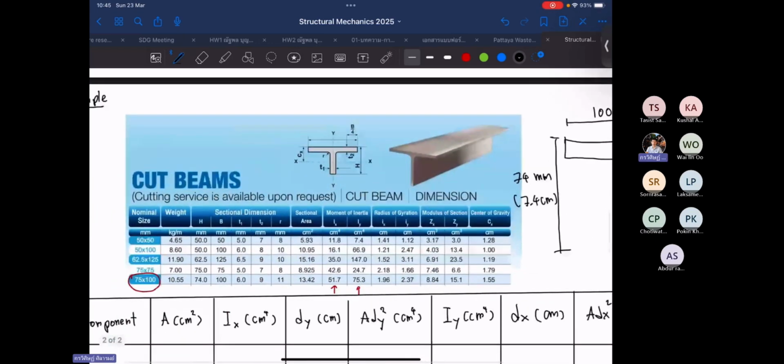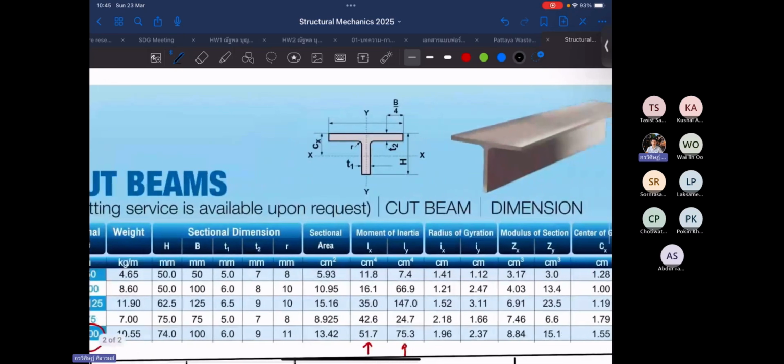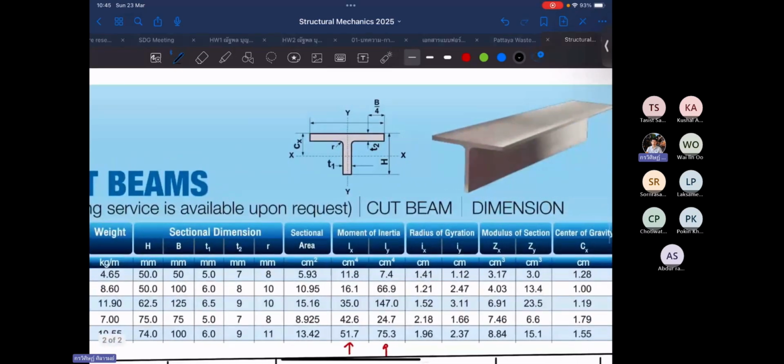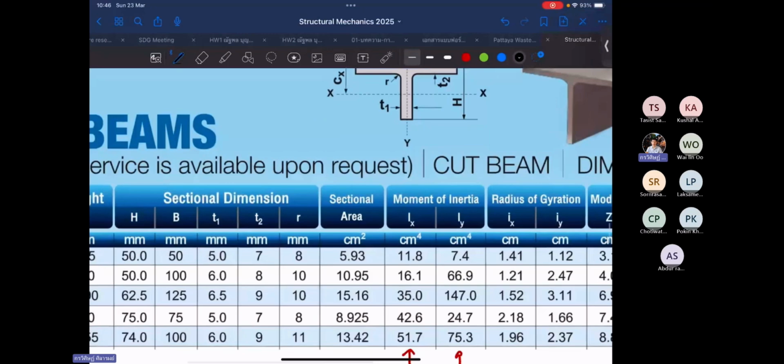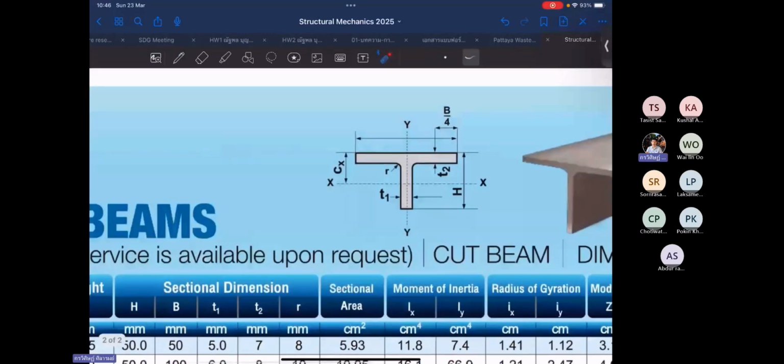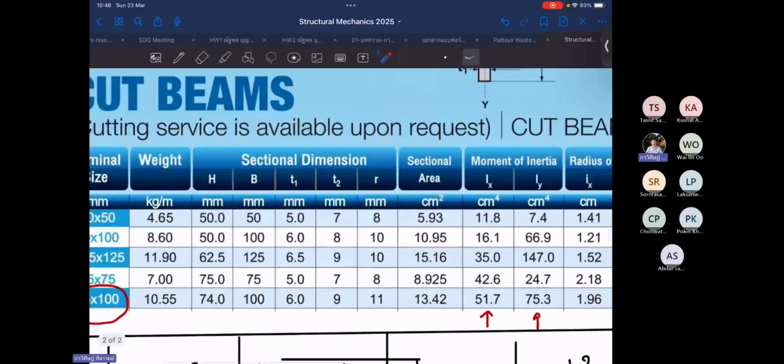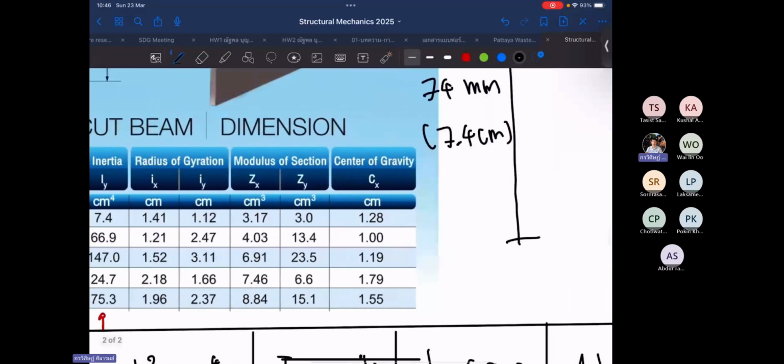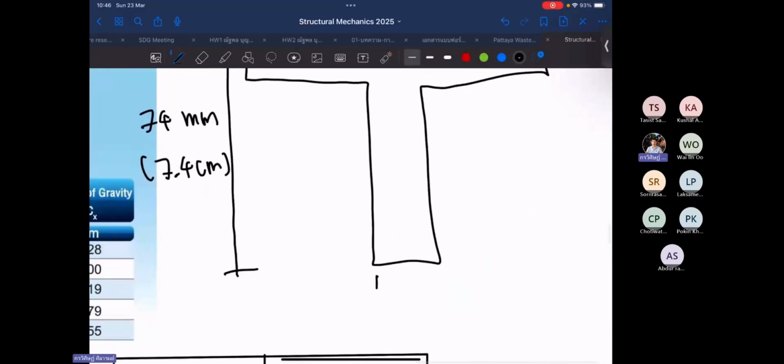Okay, from this table, we then need the thickness of the components. T1 is the thickness of the web. The thickness of the web here is 6 millimeter, or 0.6 centimeter.